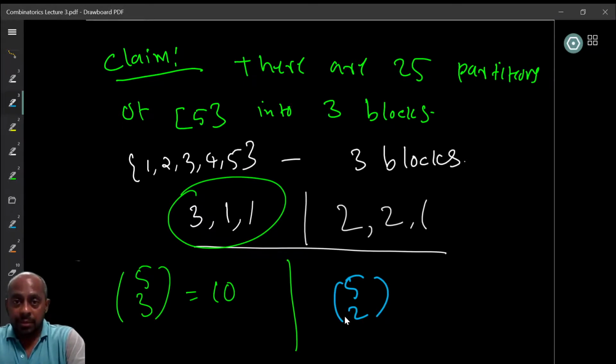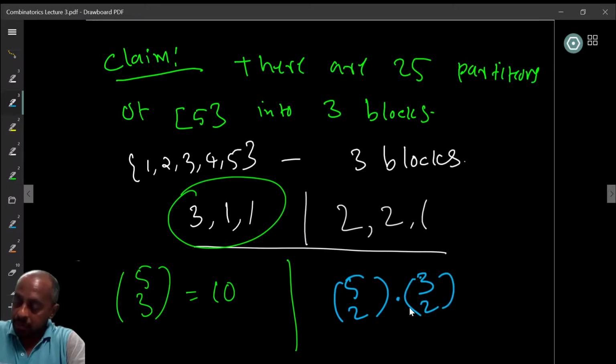Then to select the remaining 2 elements, once you choose them, it is clear what the remaining 1 element is. The remaining 2 elements can be chosen in how many ways? Not 5 choose 2, but 3 choose 2 possible ways. Then for the last one, there is no choice.